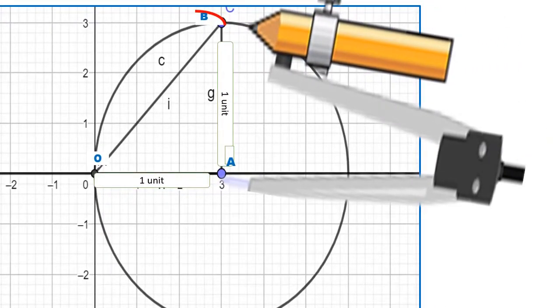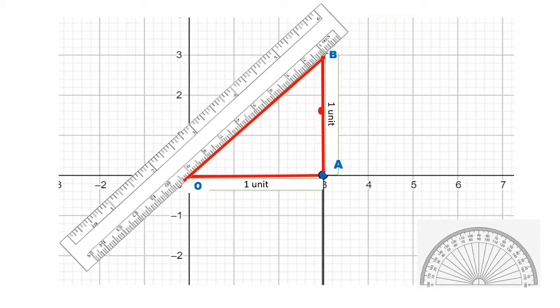After making an arc of 3 centimeter from A to B, remove the compass and join OB with the help of a scale.